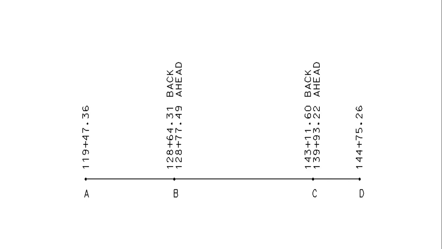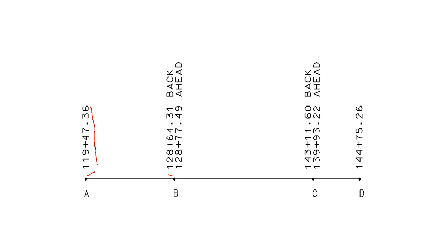This is from one of the practice problems. This is another type of station equation that you'll run into. This is where you're trying to match up with existing stationing. You'll see this type of equation where you've got a back and an ahead. So in that case, the line from A to B is going to be going from station 119 plus 47.36 to the back station of 128 plus 64.31.